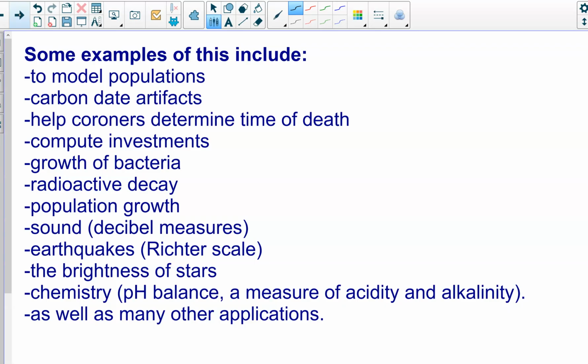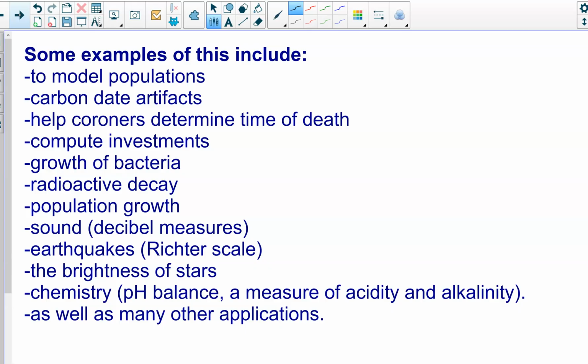Some examples of when you would use logs or how they're used. They're used to model populations, carbon dating artifacts. They help coroners determine the time of death. So think about something that's decaying exponentially or growing exponentially. You would use logs in solving for that.